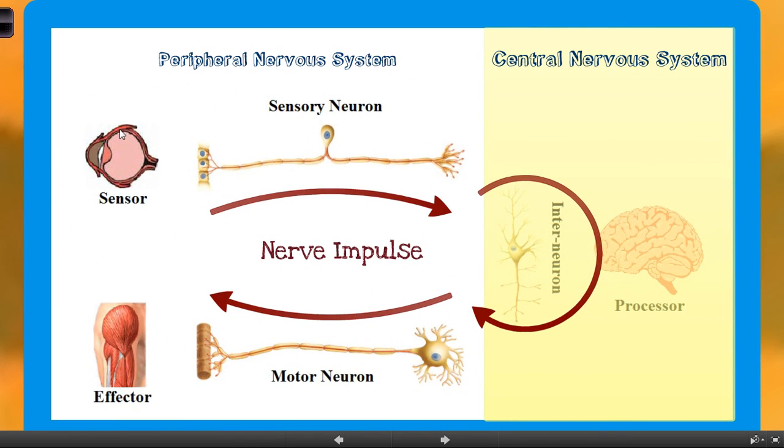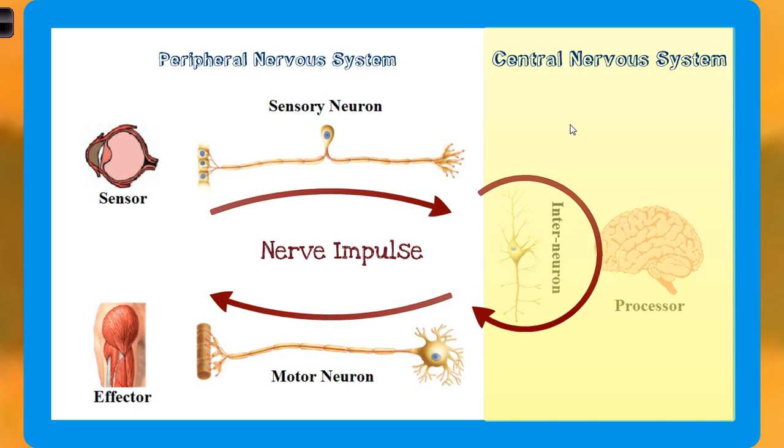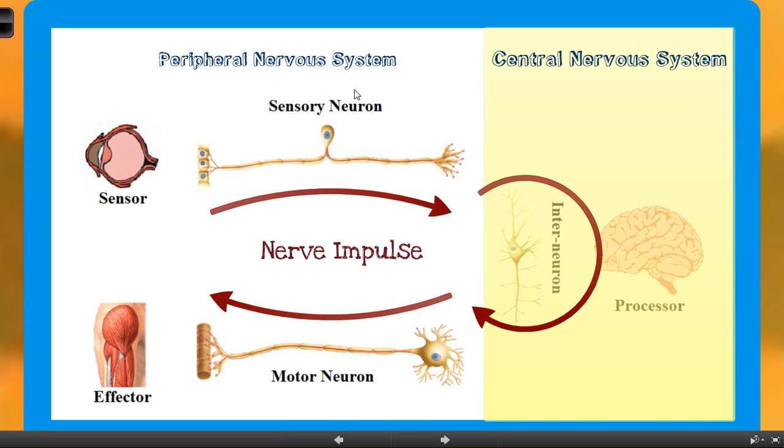So here we've got the peripheral nervous system, the part that's in the outer layer, and here's the central nervous system. Like I said, this is the computer, the processing part that processes the information and decides how we are going to respond. And this first part here is all the things that feed information in or out.